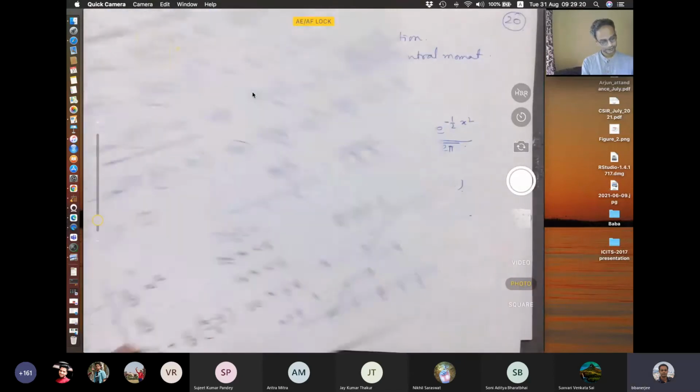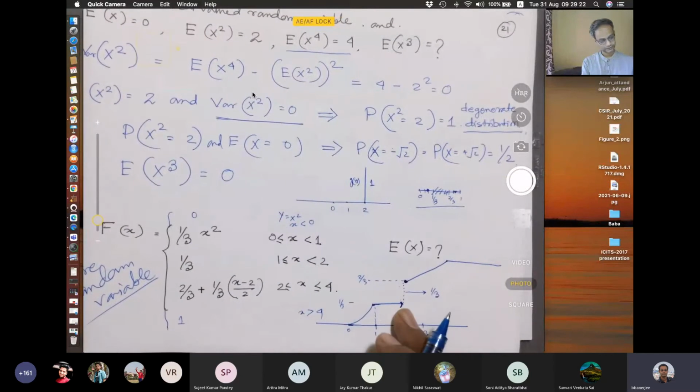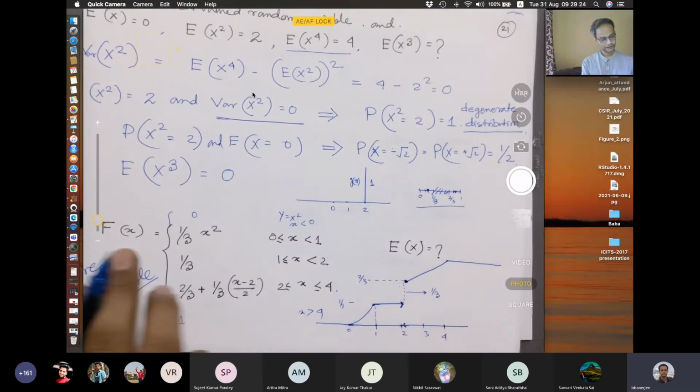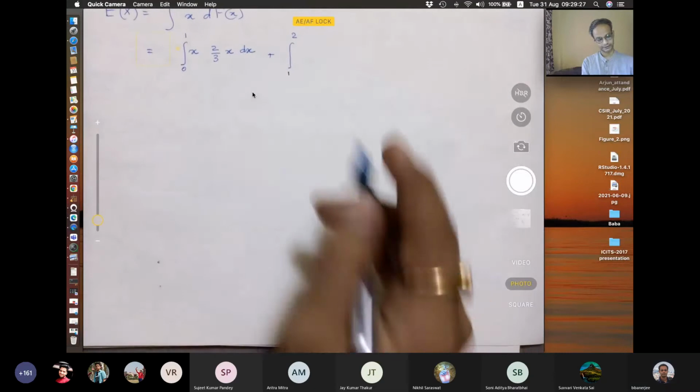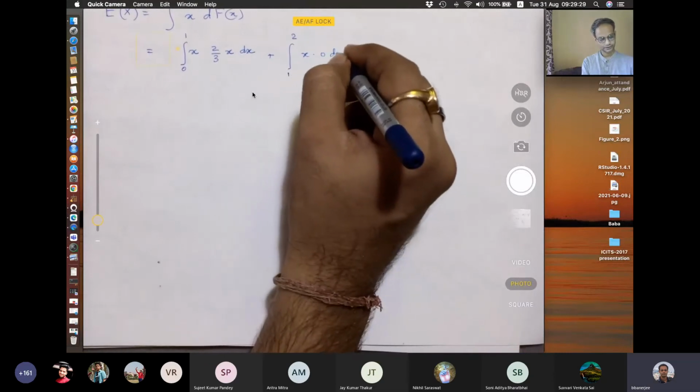From 1 to 2 it is flat, so no mass is there; it will be x times 0 dx.